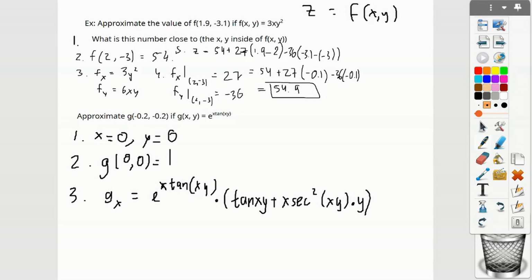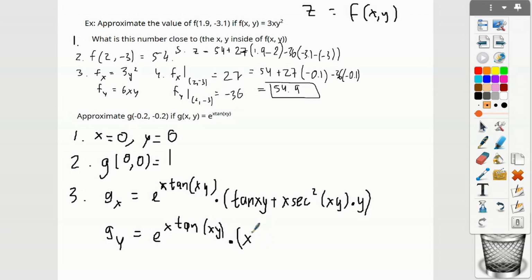So okay, now we find g sub y. So g sub y is actually a little bit easier because the top won't be as disgusting. G sub y is e to the x tan of xy multiplied by the derivative of the inside, which is x, right?